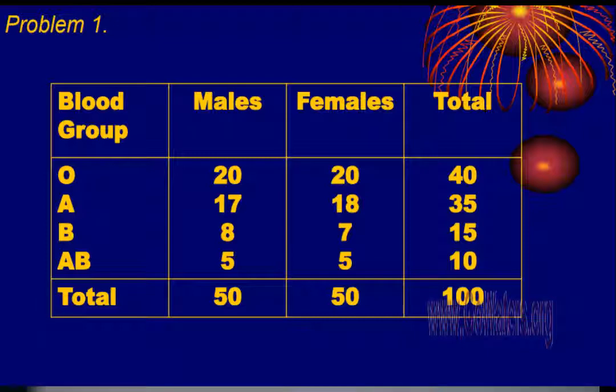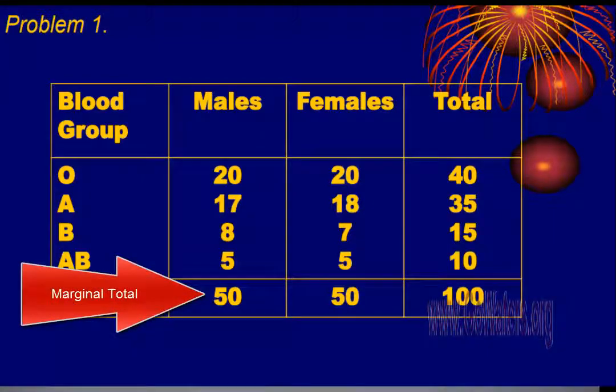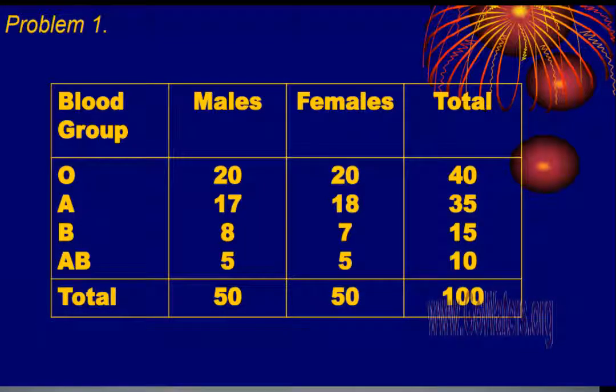So these totals, we call them marginal totals. The column totals as well as the row totals, we call marginal totals. And the 100, you see, is the grand total.